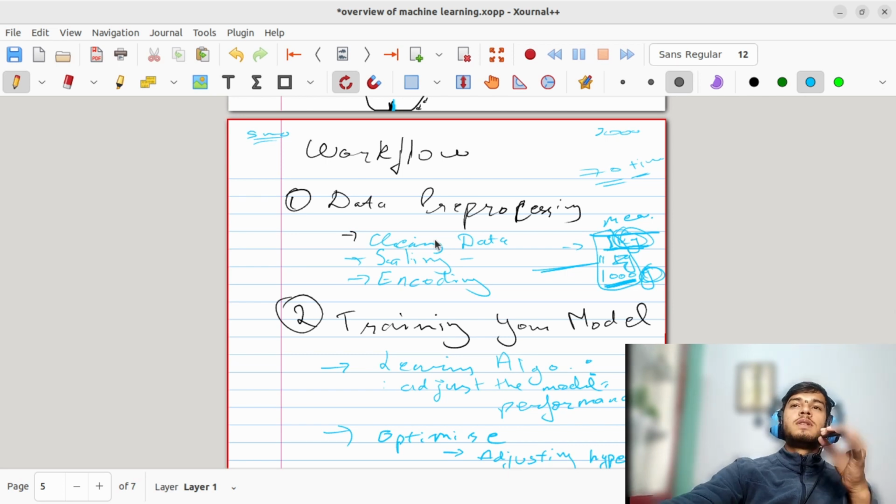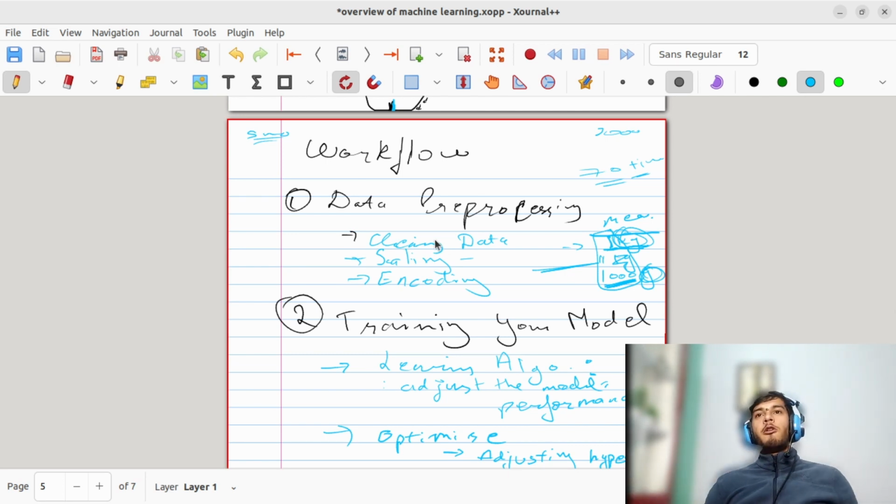And see, most of the time in production what happens is we try to automate all these things.